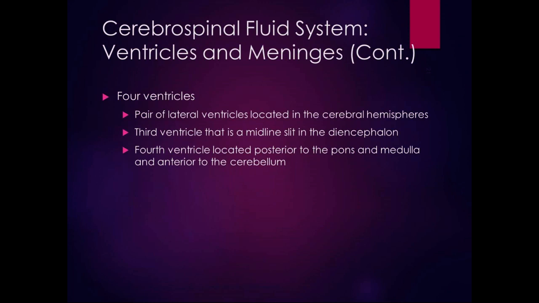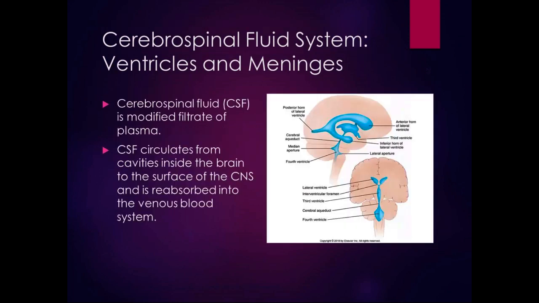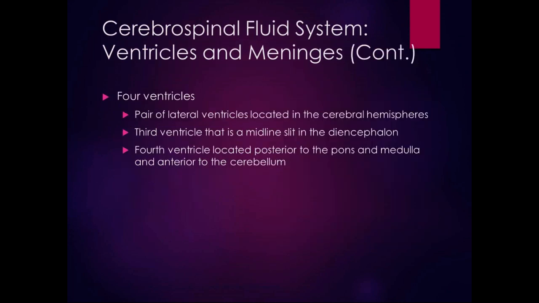So there are 4 ventricles. When you look at this picture, it shows all the 4 ventricles, and of course all these pictures are from the text. There is a pair of lateral ventricles located inside the cerebral hemispheres. There's a 3rd ventricle that's a midline slit in the diencephalon, and a 4th ventricle located posterior to the pons and medulla and anterior to the cerebellum.